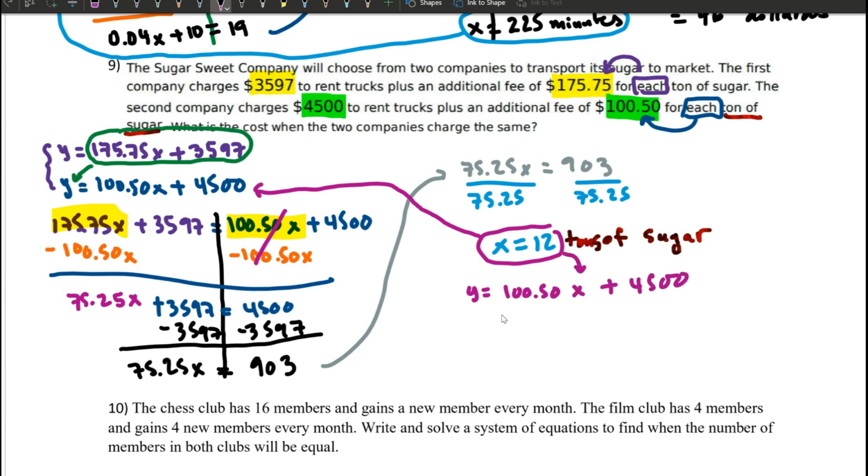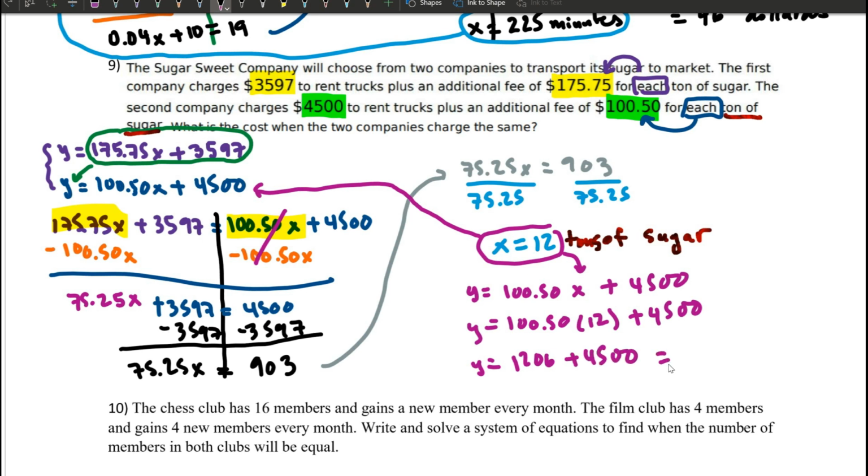We plug in 12. 150 times 12 gives you 1,800 plus 4,500.